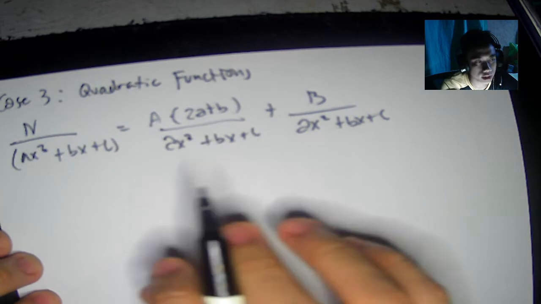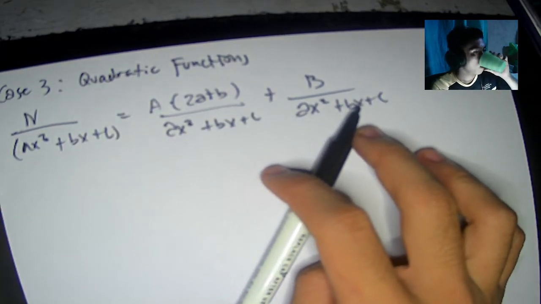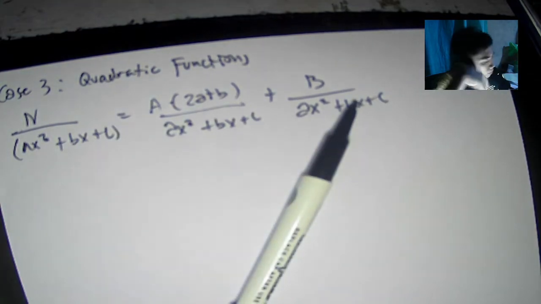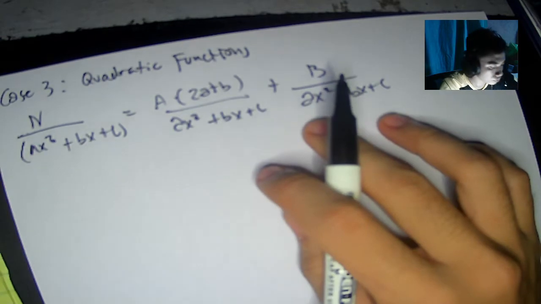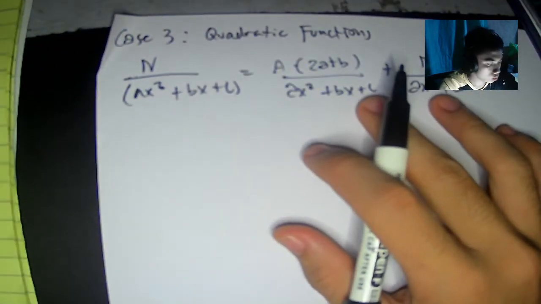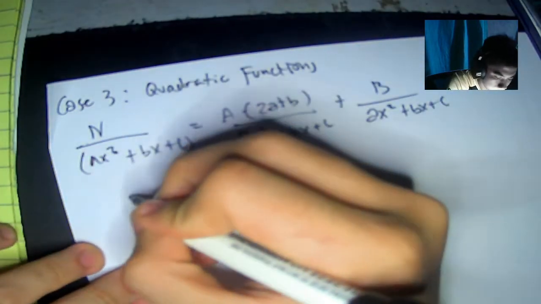So this is our basis or formula, like what we did from our last cases from partial fractions. So what we will have here is another example.